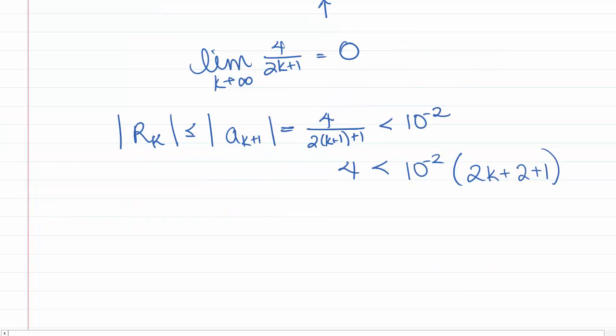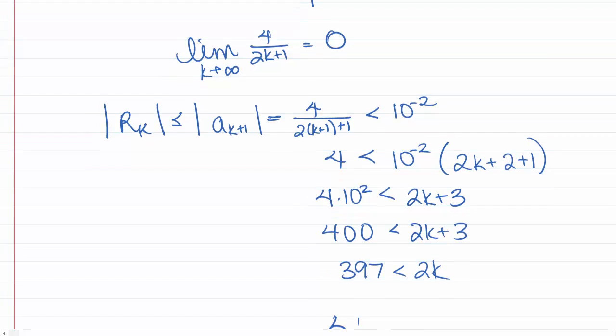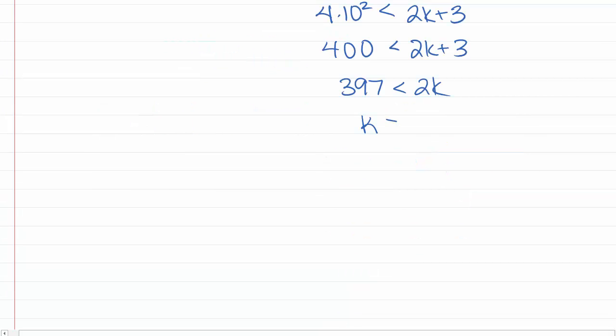10 to the negative 2, that's the same as dividing by 100, so moving it to the other side, that'd be 4 times 10 to the positive 2, or 400, being less than 2k plus 3. So 397 less than 2k, or we need k to be bigger than 397 over 2, which, dividing that out, is 198.5.